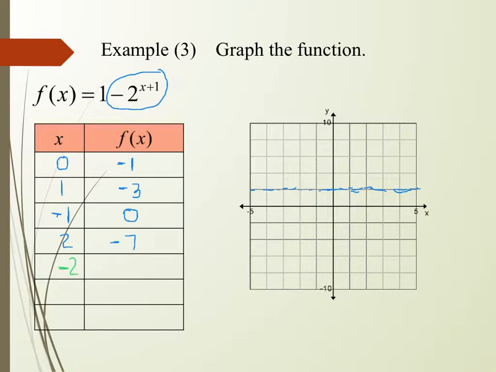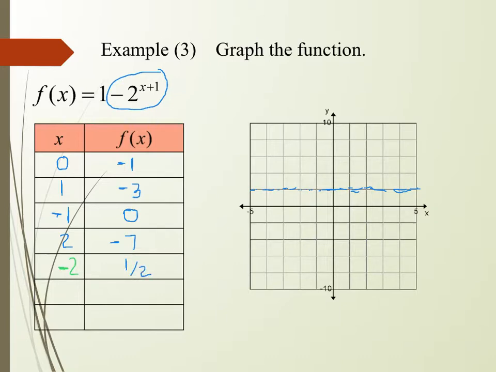If I have a minus 2, I have 2 raised to the negative 2 plus 1, which is a negative 1. So 2 raised to the negative 1 is 1/2. So I have a 1/2.